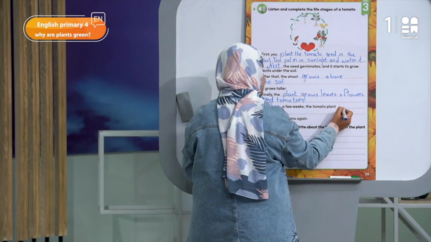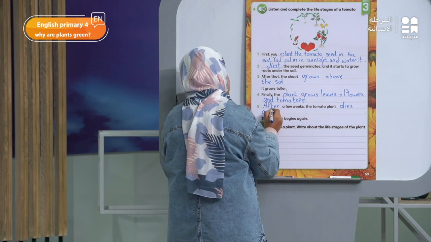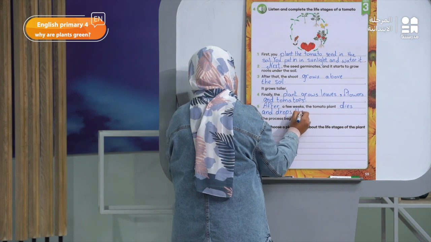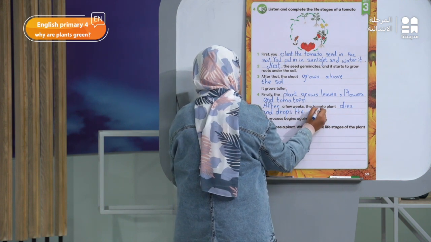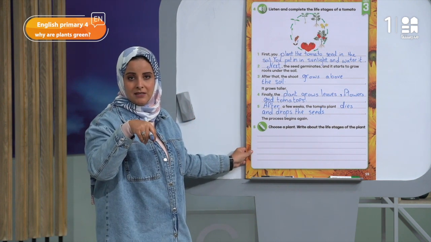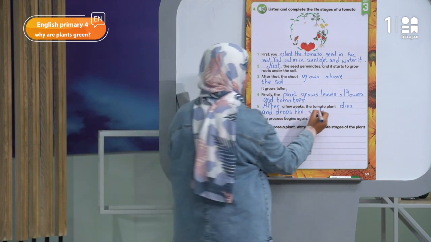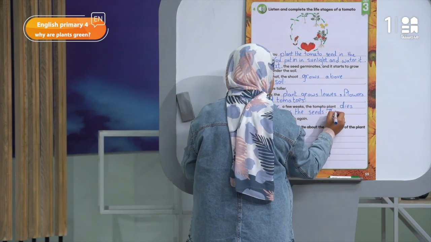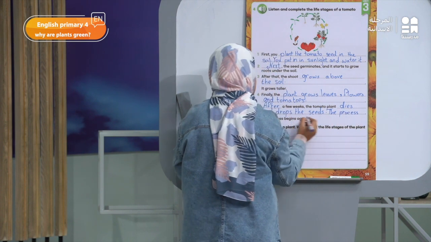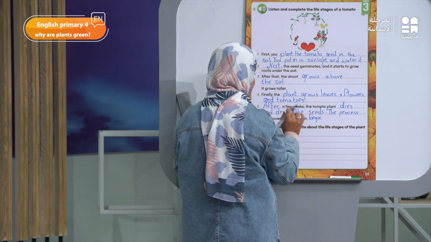So dies and drops the seeds. What will happen after it drops the seeds? Very good. The process begins again. So full stop. The process begins again, and it's already written.